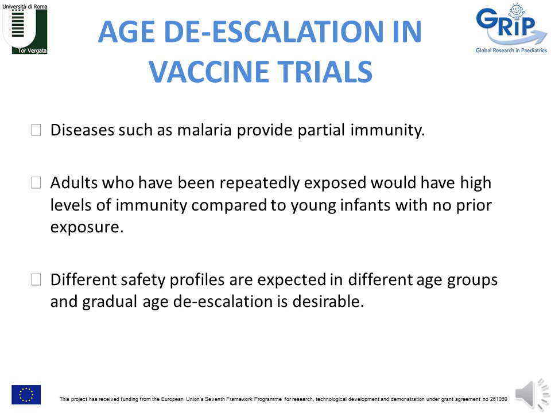Diseases such as malaria provide partial immunity, and adults who have been repeatedly exposed would have higher levels of immunity compared to younger infants with no prior exposure. So different safety profiles are expected in different age groups, and gradual age de-escalation is desirable.